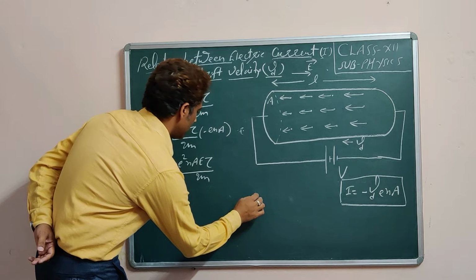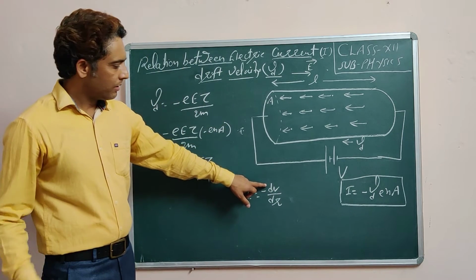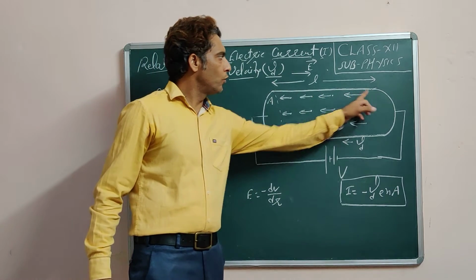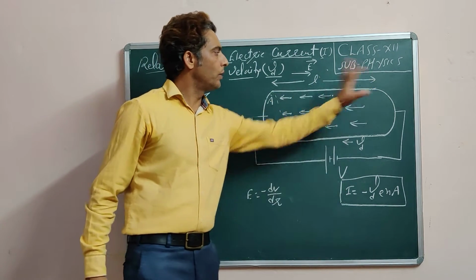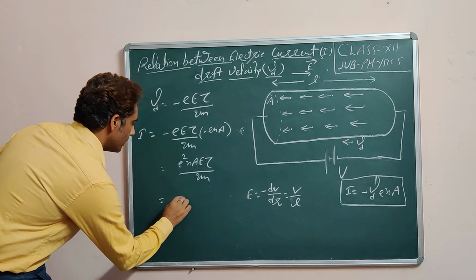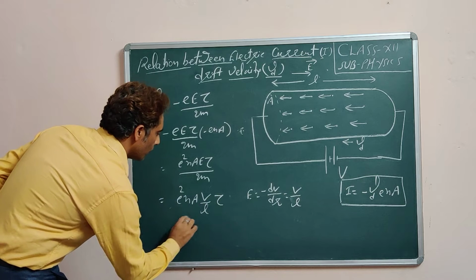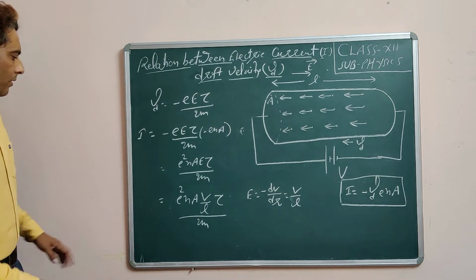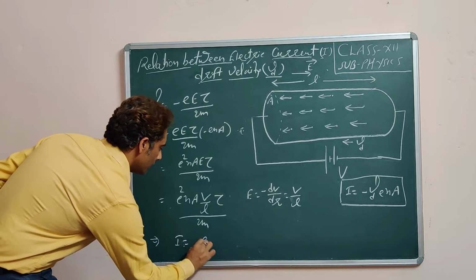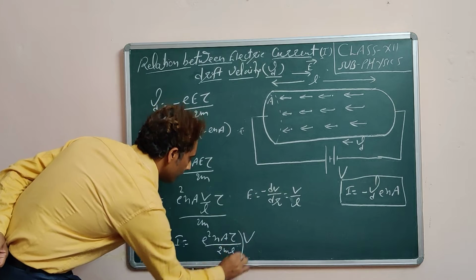We know that the relation between electric field and potential difference is this, means if dV be the potential difference between 2 points separated by small distance dr, then this is the electric field E. In this case, separation between 2 points is L, V is the potential difference between these 2 ends, so we can write E is equal to V over L. So this will be equal to e square N A V over L tau over 2m, or we can write it as I is equal to e square N A tau over 2mL into V.